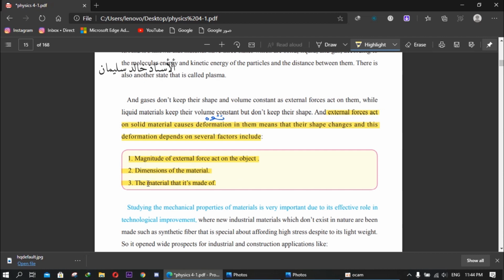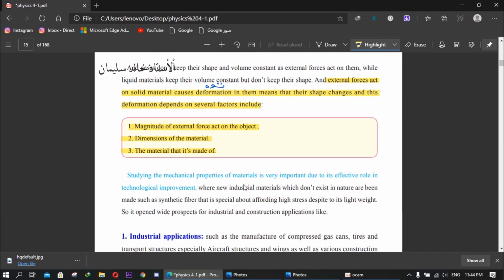The third factor is the material that it's made of. Some materials are easy to deform and others are hard to deform. The hardest material is diamond, which cannot be deformed easily.